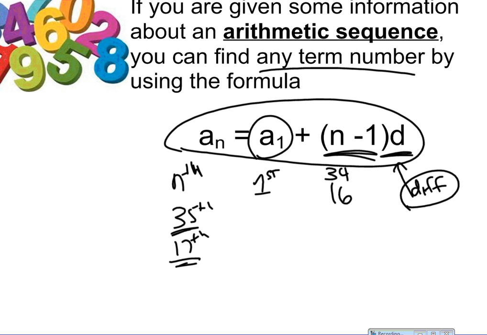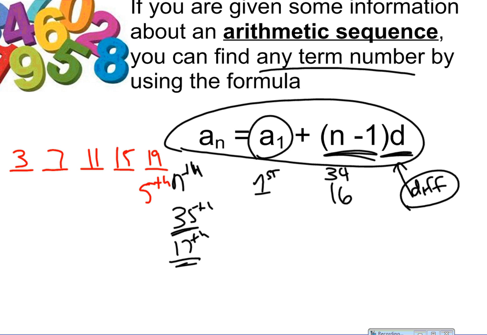Now, that happens because what I end up doing is putting into an equation what I'm doing on a sequence. So if I've just got a little sequence here, start with 3, we'll add 4 each time, so that'll be 7, 11, 15, 19. Well, this is the 5th term.